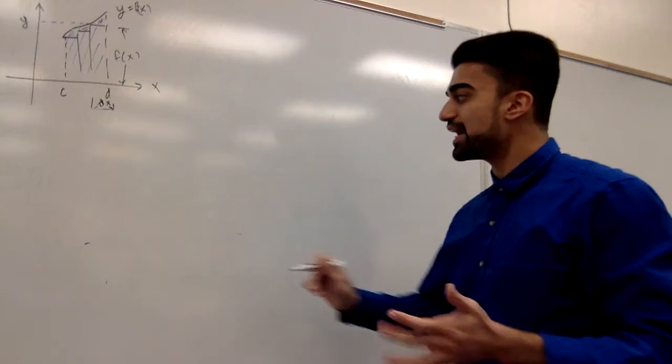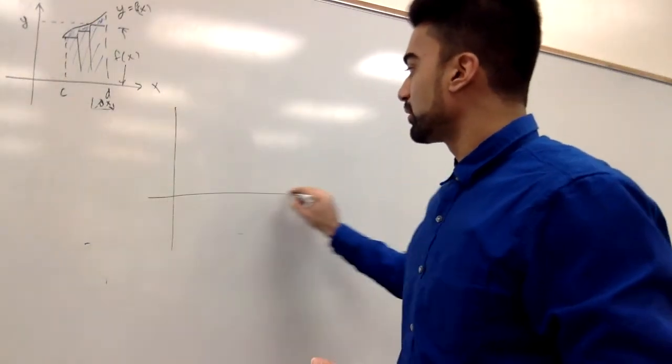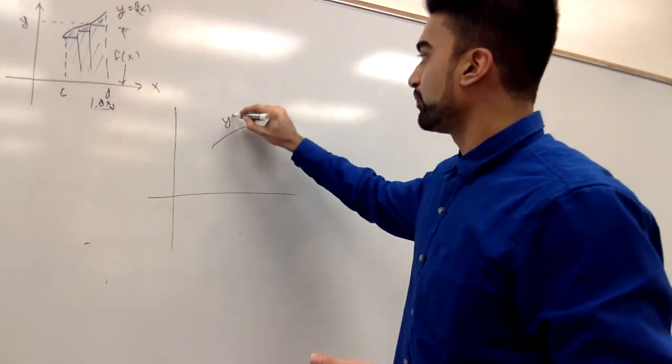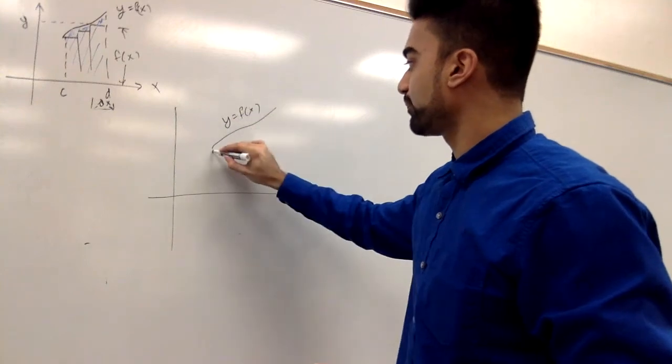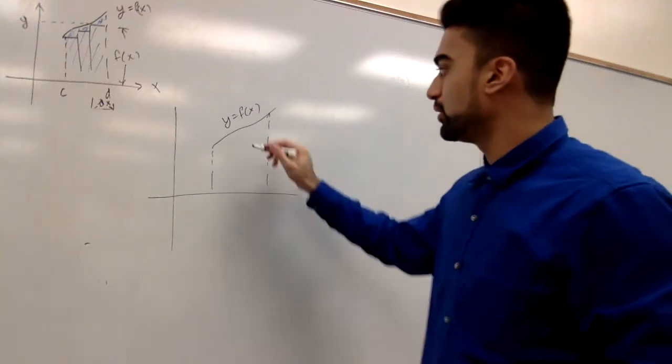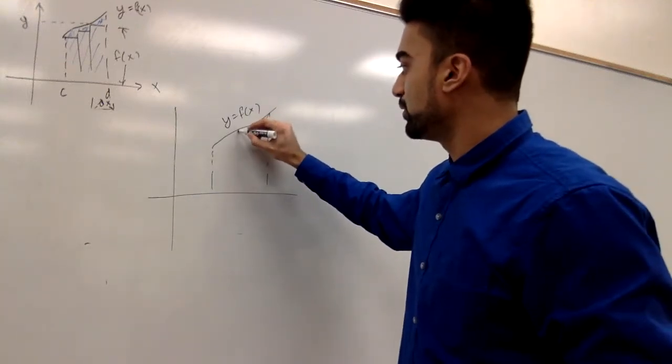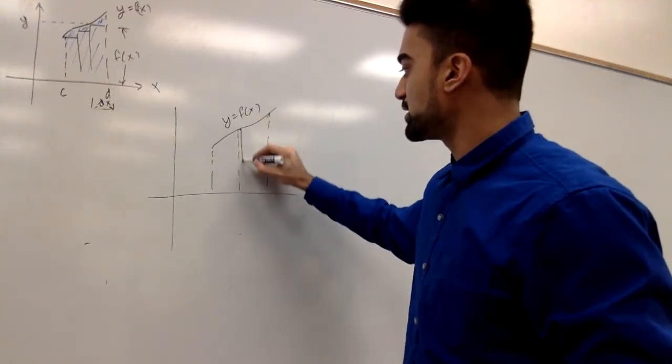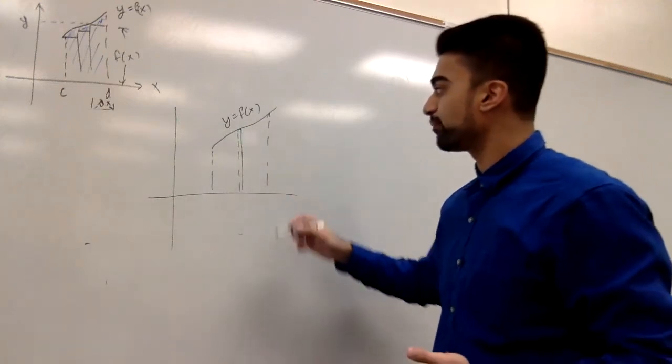So how would we do that? Let me again draw our curve, y equals f of x, and we're going to select a tiny differential area, which is going to be a representative of all these tiny rectangles that we can take.